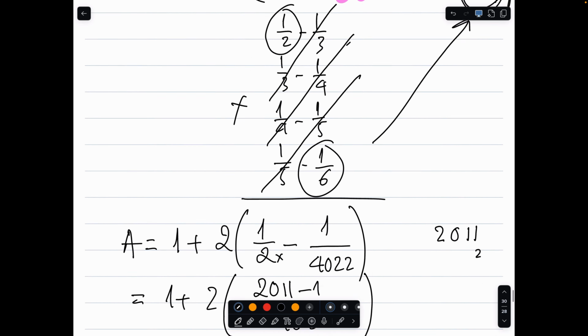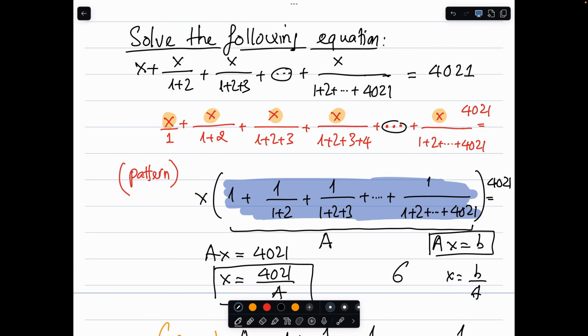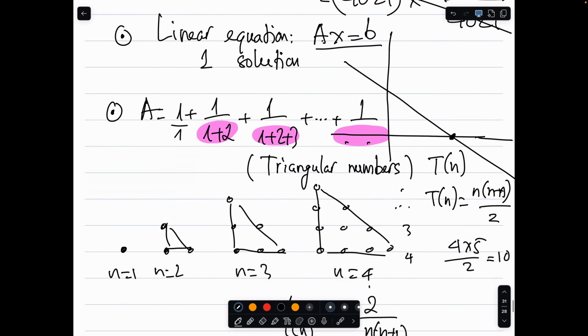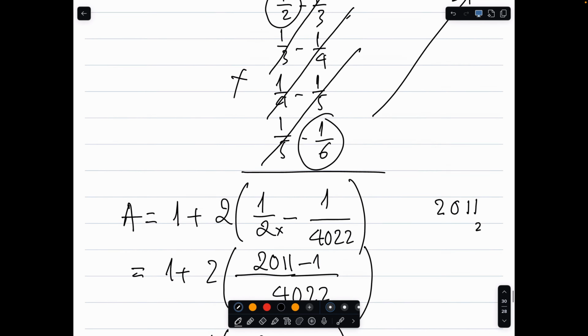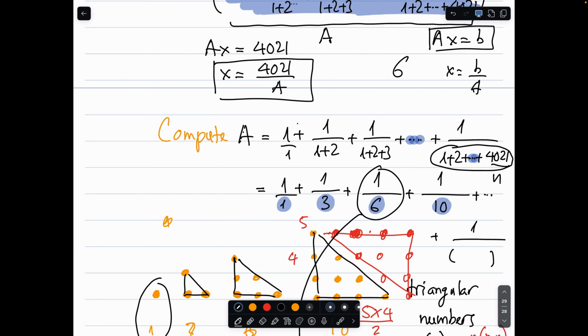Okay, so the person who designed this question was actually only testing, for example, those who already knew about telescoping sums. If you don't know this telescoping sum, how can you know that this nightmare expanded lengthy sum can be collapsed into a very nice form? You cannot, unless you're a genius.